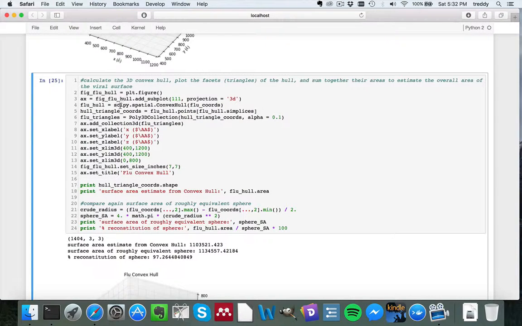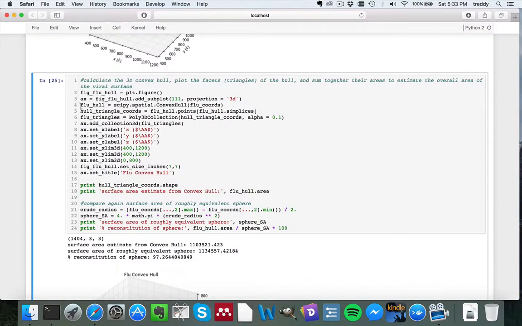So again, we're using scipy.spatial.ConvexHull as a function of the input generator, so the input flu coordinates. Now, in this case, there's no built-in plotting function, so we can't just cheat and use scipy.spatial.convex_hull_plot_2d because we're in a 3D case.